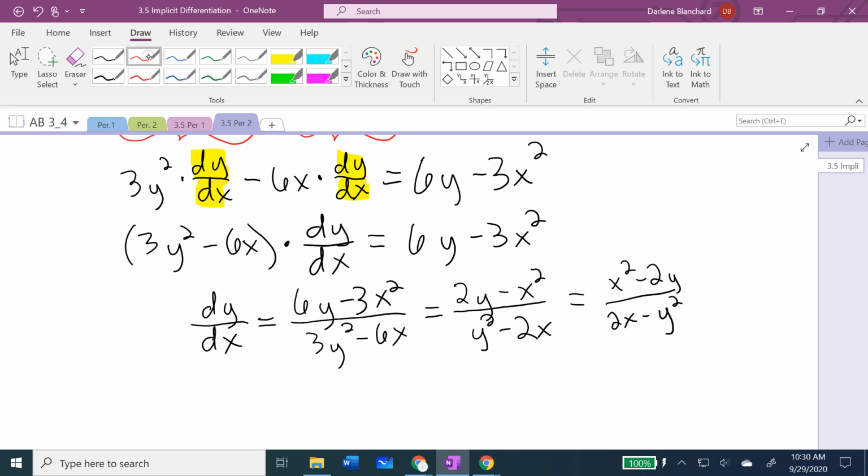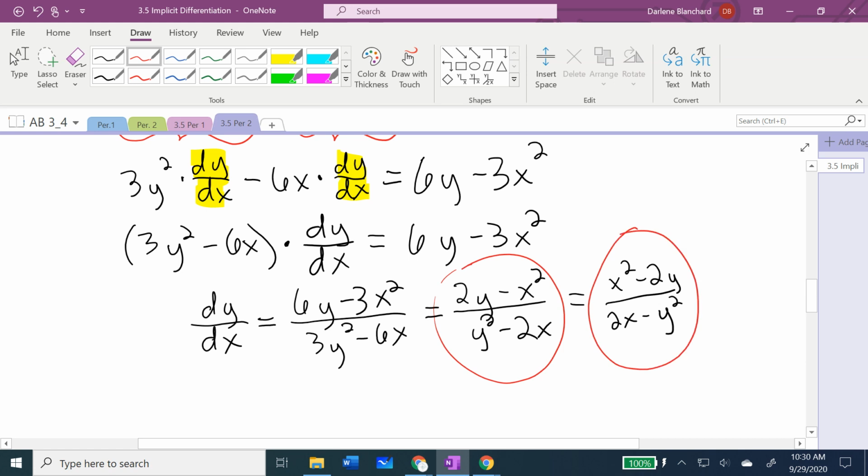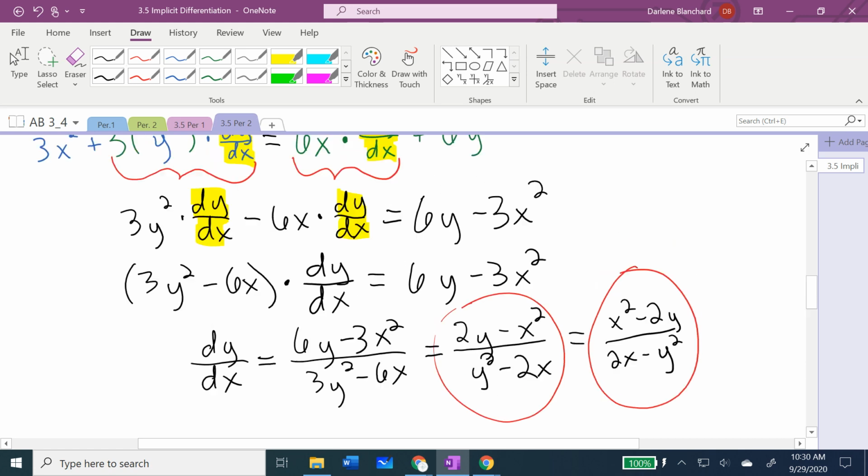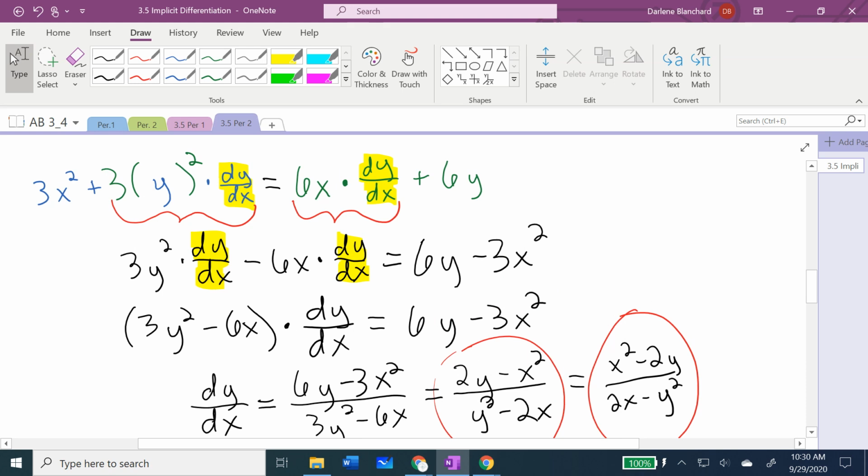And whether your answer winds up looking like this or this is just a matter of which side, the left side or the right side, you chose to put dy/dx. So when you look at the answer, know that maybe the answer looks like this, your answer looks like that. It's the same thing. Be able to just recognize that.